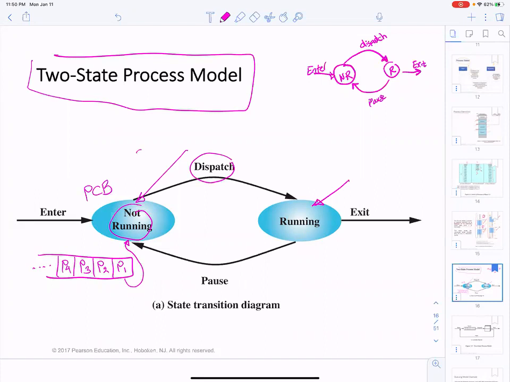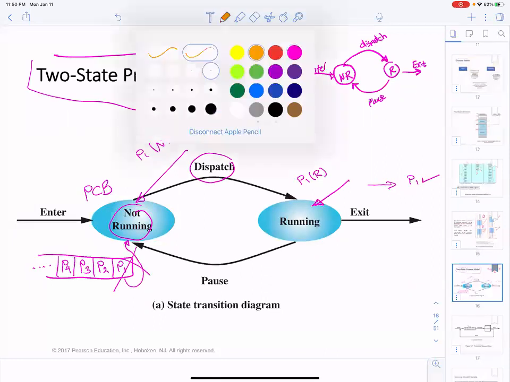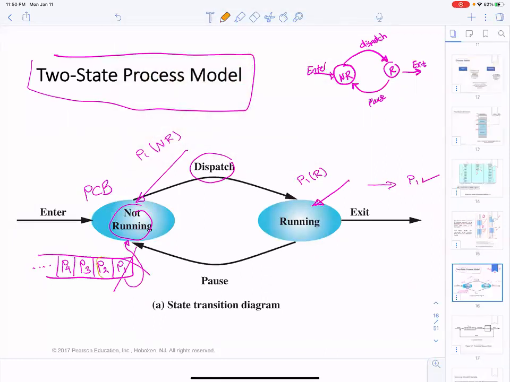So initially process 1 was in a not running state, and then process 1 will go into a running state, and assume process 1 just left the system, so we're done. And then process 1 is not in the queue anymore. So the next one to be dispatched will be process 2. Process 2 entered the system as not running.